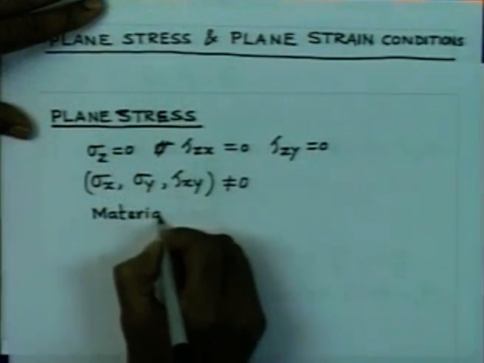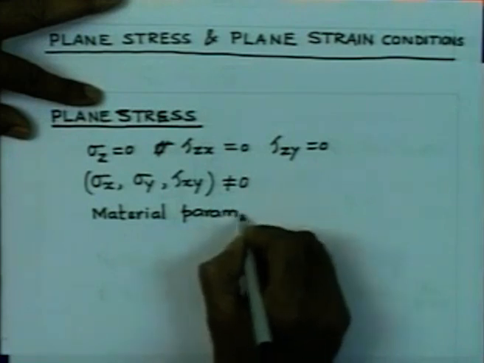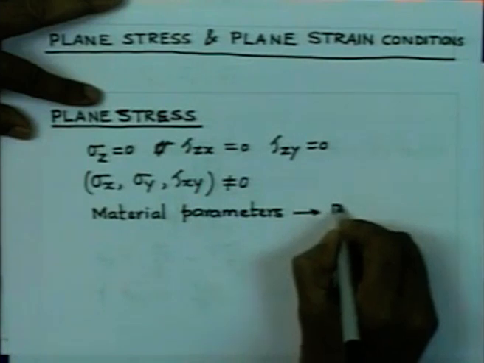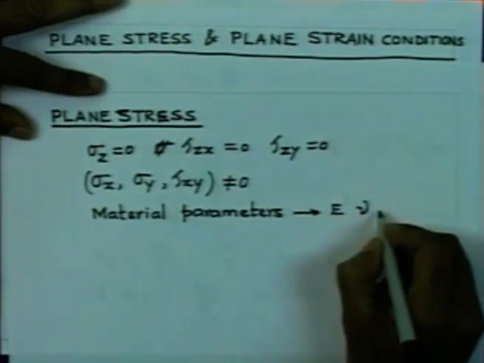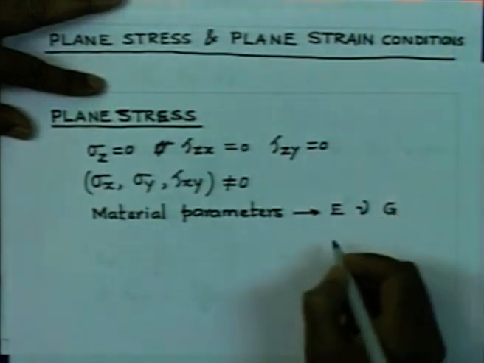Let us find out the relationship between the stress and strain in this case. Let us introduce the material parameters: E as the modulus of elasticity, nu as the Poisson's ratio and G as the modulus of rigidity.